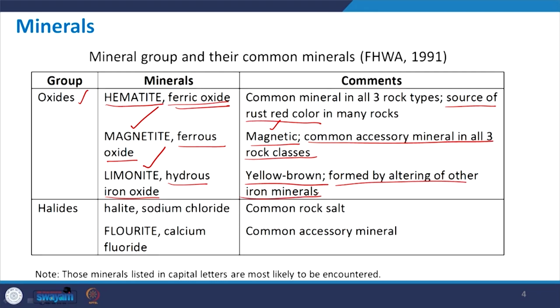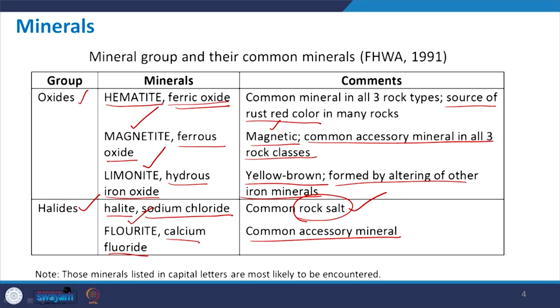Now coming to the next group, which is halides. The mineral encountered in this is halite, sodium chloride, which is the common rock salt. You all must be aware of this rock salt. Then fluorite, calcium fluoride, is the common accessory mineral in the group called halides.